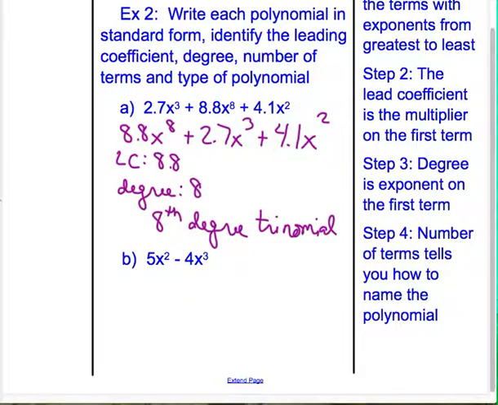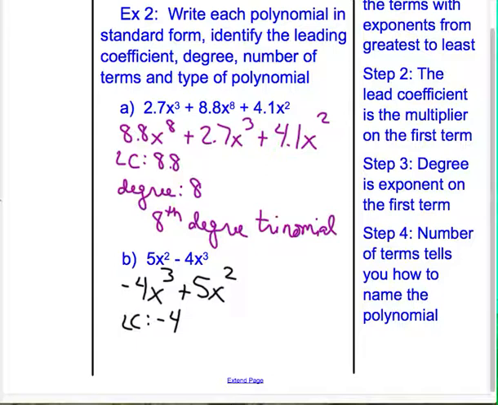This is not in standard form, so we're going to go ahead and rearrange it with our cubed power first, and then our squared term. Make sure that you keep the negative sign in front of the correct term. Now we need to identify the leading coefficient. We're multiplying our first term by -4.